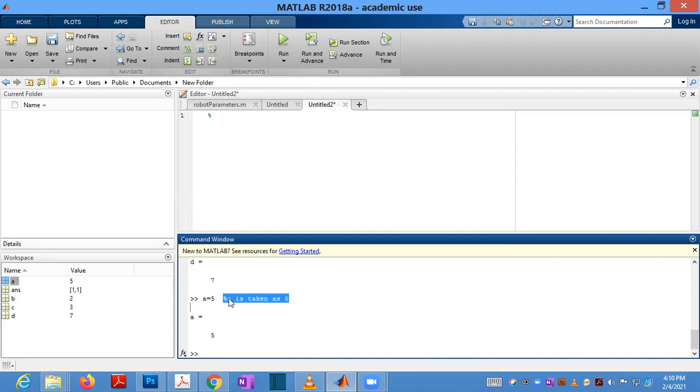If the program is very large, or for variables you are using for a later purpose, you can name them in a comment line. A comment line is taken as percentage, and whatever you write there is shown as a comment. It won't execute.